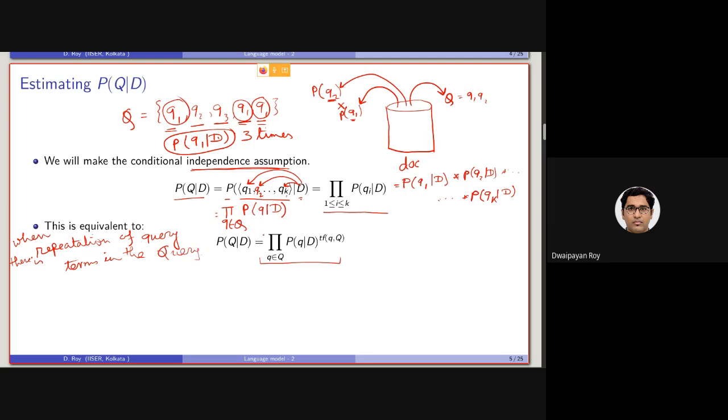How many times the query term occurs in the query is put as the power.